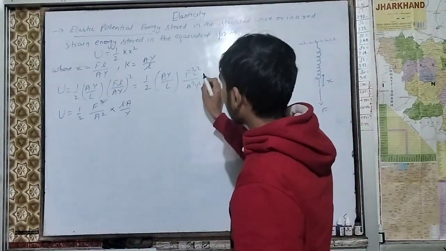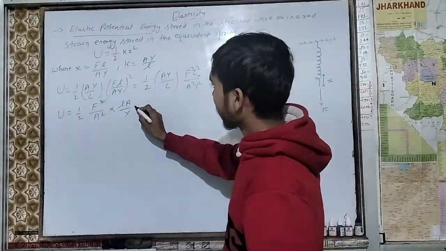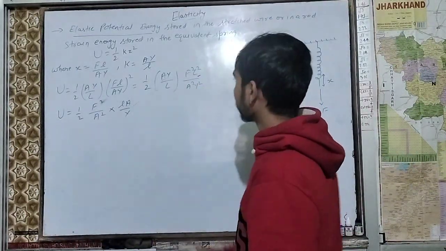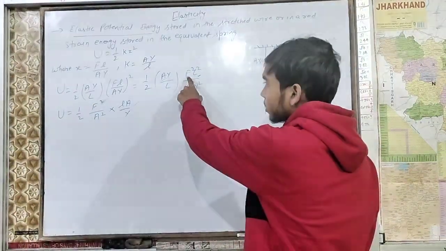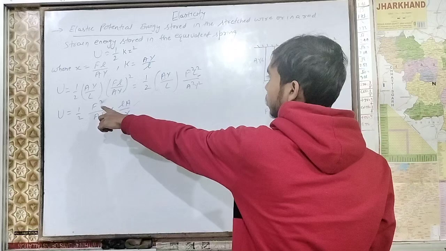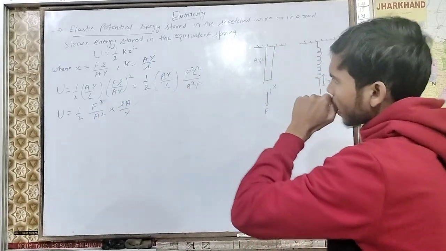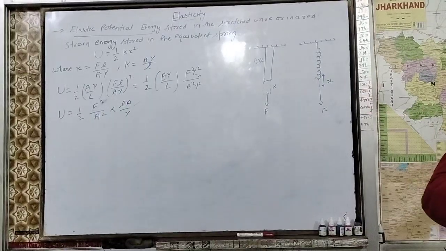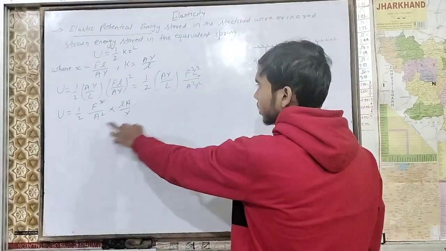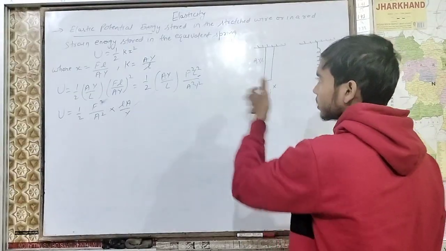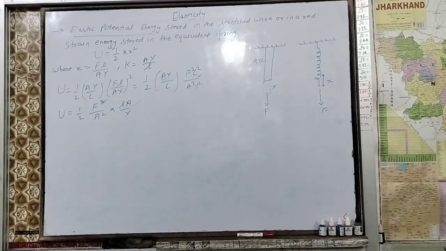This A and L is over here, F square, but what about one more L? A square Y as it is.